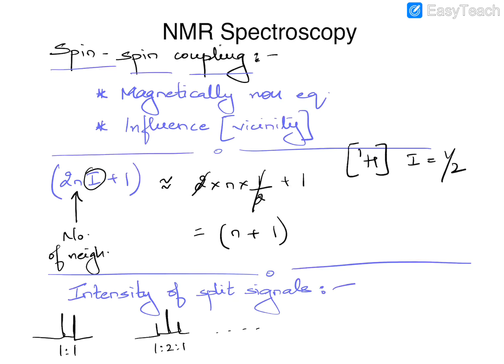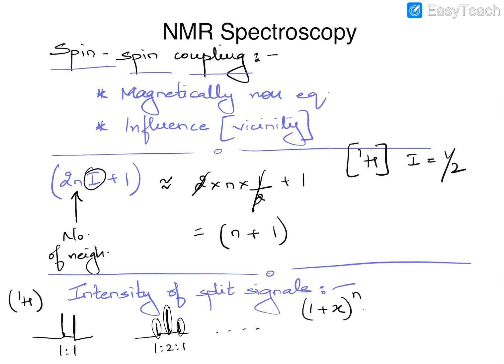We said that typically for H1 NMR spectrum, this is based on the expansion of binomial (1 plus x) raised to n. If the coefficients of each and every term in this expansion are considered, the ratio of those coefficients is the ratio of relative abundance of individual peaklets that arise in the split pattern of the NMR signal.